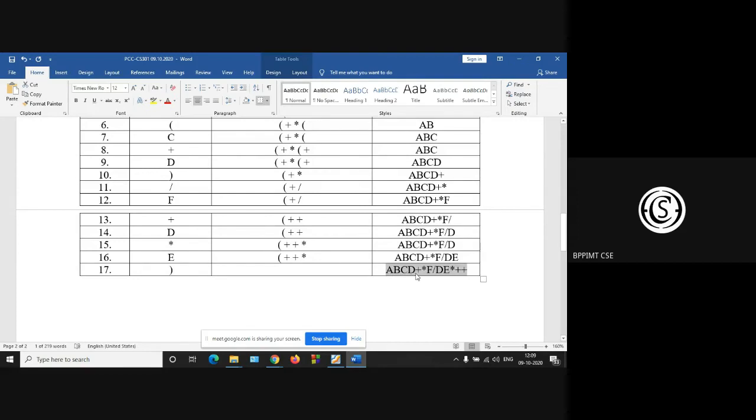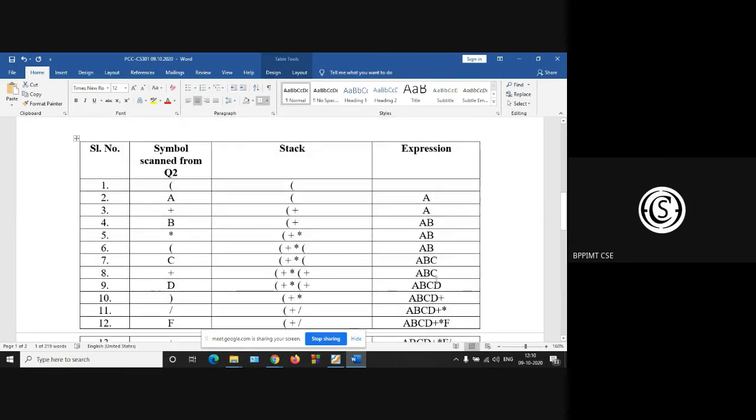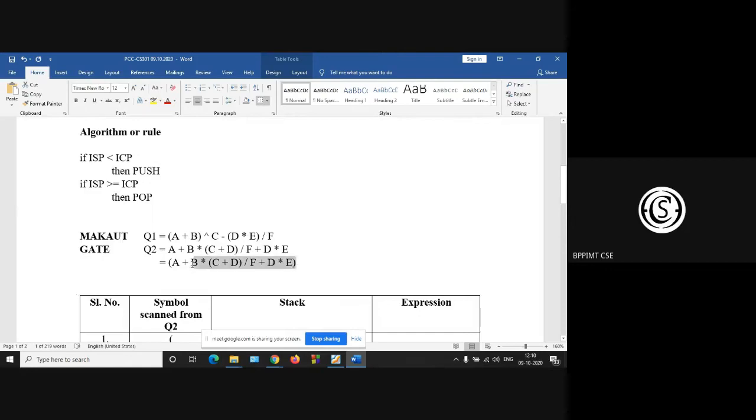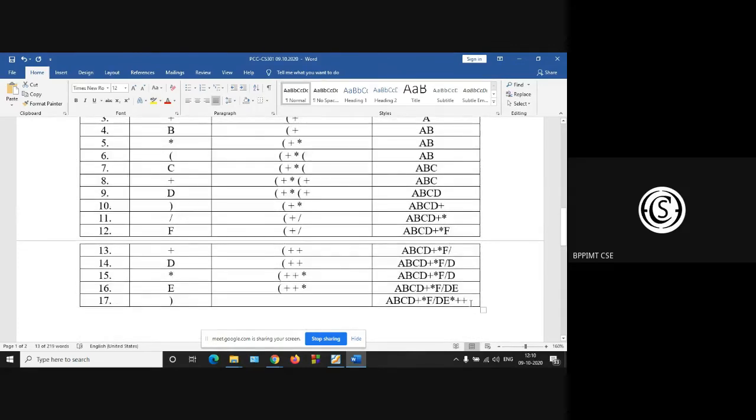A, B, C, D plus multiplication F, then division D, E star plus plus. So this is the infix expression Q2, and this is the required, desired postfix expression.